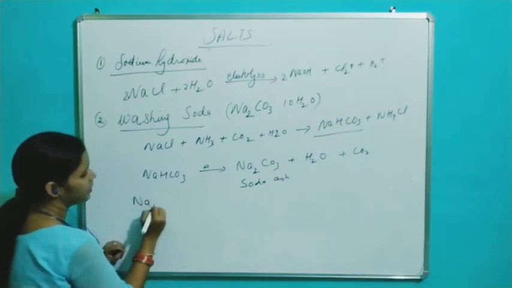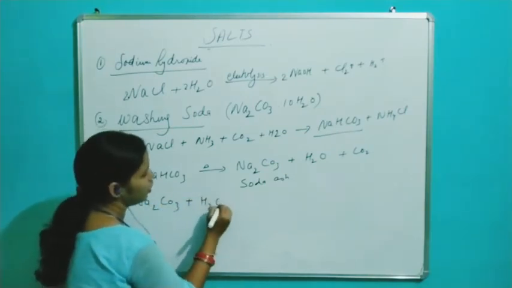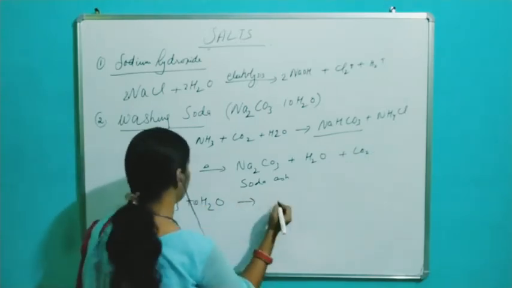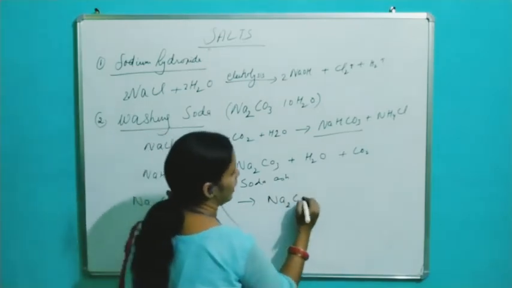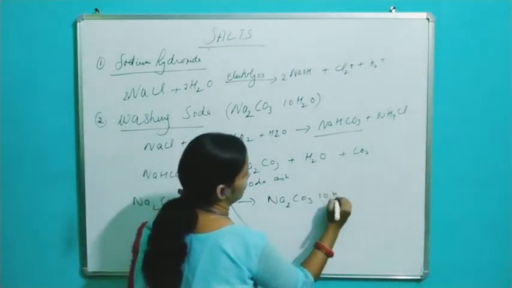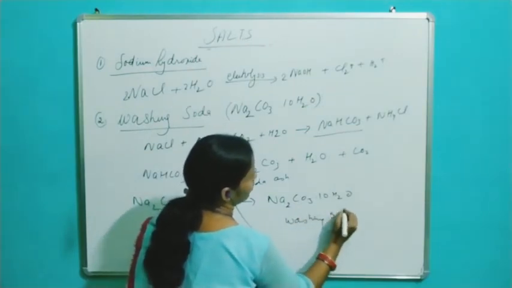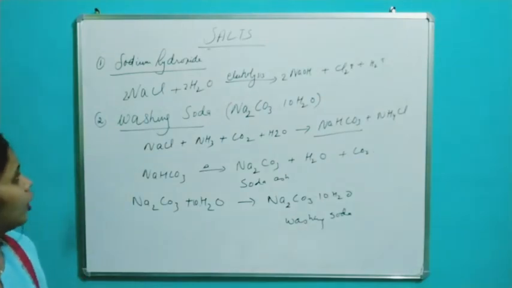So in the third step, Na2CO3 is dissolved in water to take up 10 molecules of water and form sodium carbonate decahydrate, which is the washing soda. This is a detergent that we use in our home.